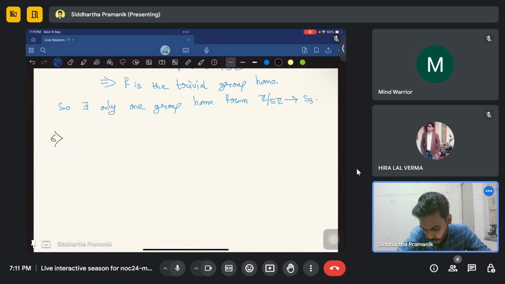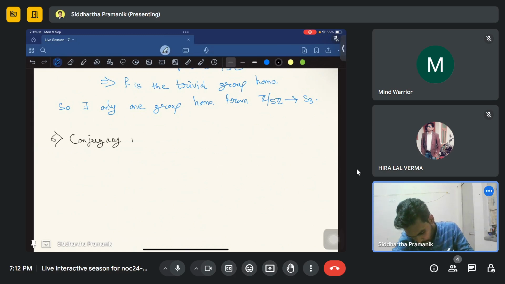So now in the next couple of problems, we will see how the conjugate elements in the group Sn look like. So it is conjugacy in Sn.